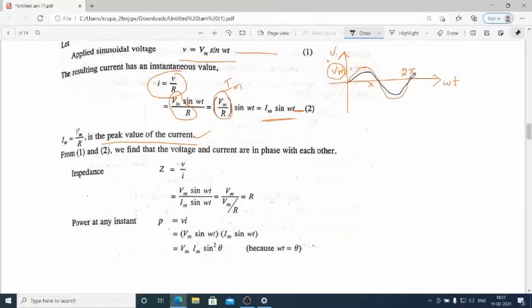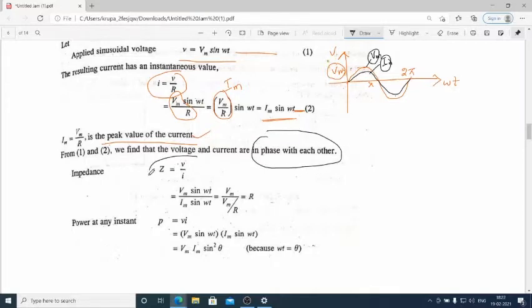This is the current, and the red color is the voltage. There is no phase difference between the voltage and current, so they are in phase with each other.